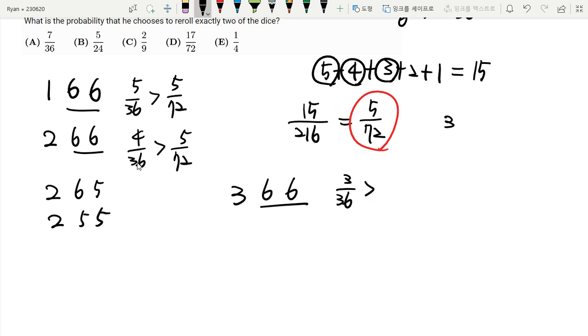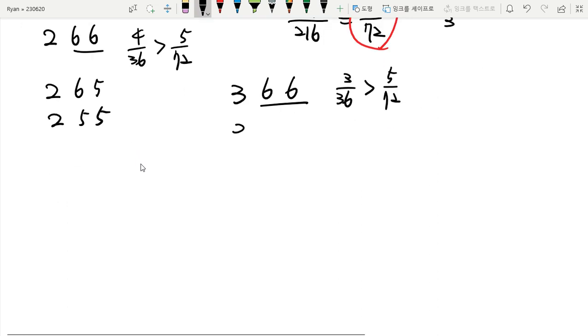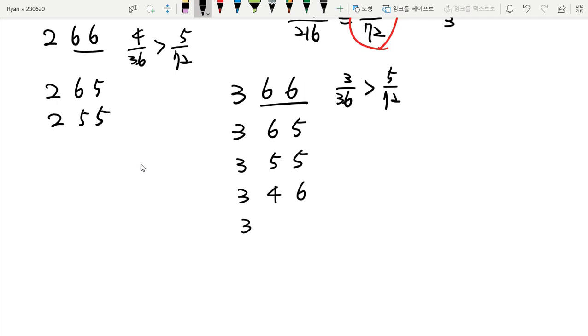And still, this is greater than 5 over 72, so he will choose to throw 2 dice. And we can think of other cases when the first number is 3. There are many cases because 3 plus 4 is still greater than or equal to 7.